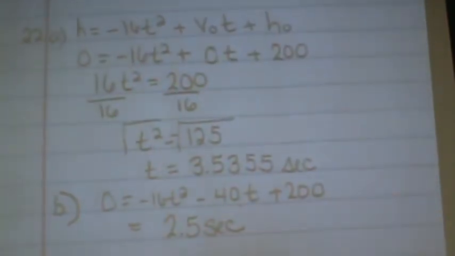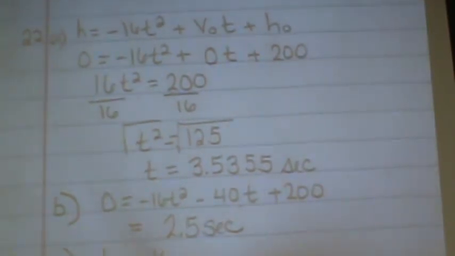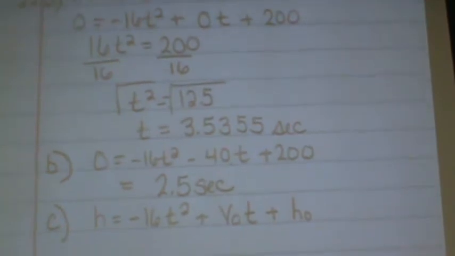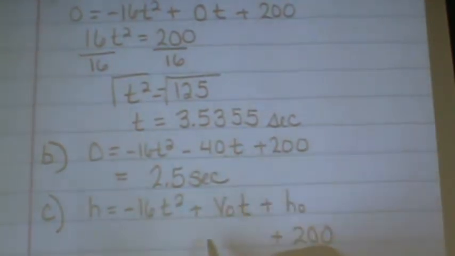And for C, it says how far does the rock fall in 2 seconds? For this one, it's a little different. You're going to take your formula, and you're still 200 feet above the ground, and your velocity is still negative 40 because you're throwing it down.